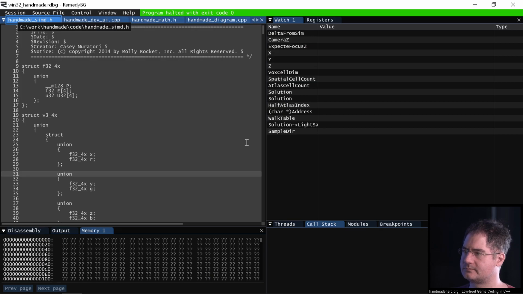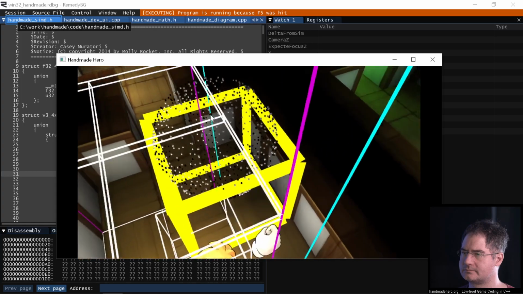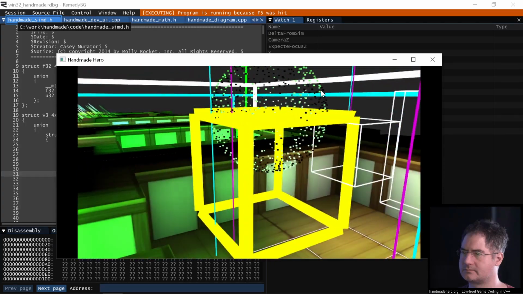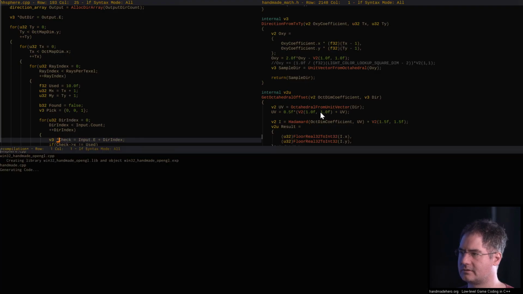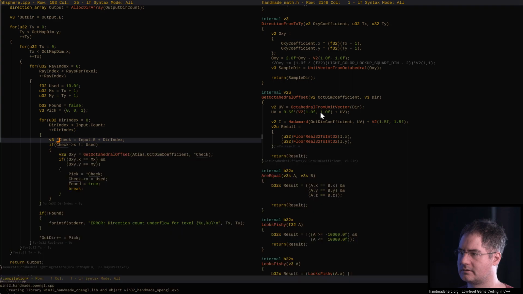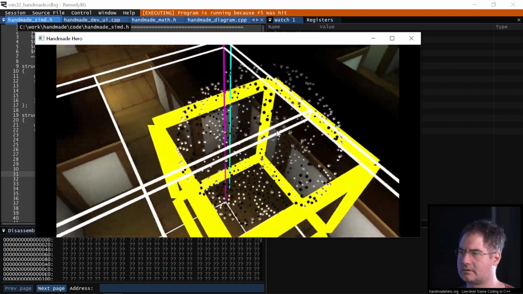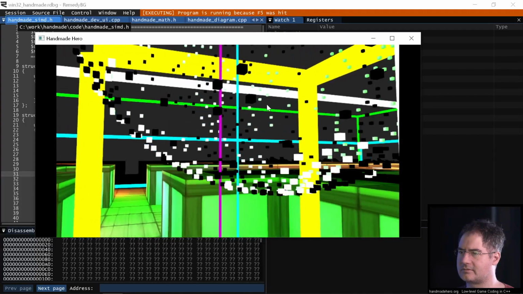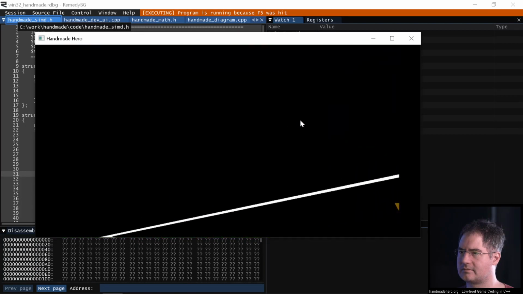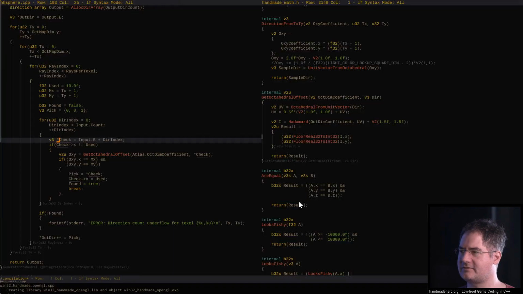So that's what it did look like. And honestly, it really doesn't even look different, despite asking for twice as many points.